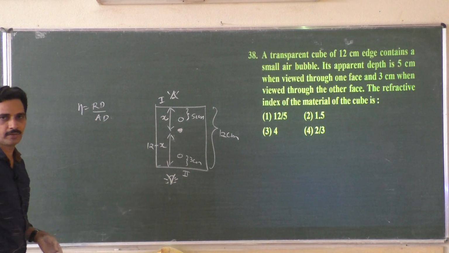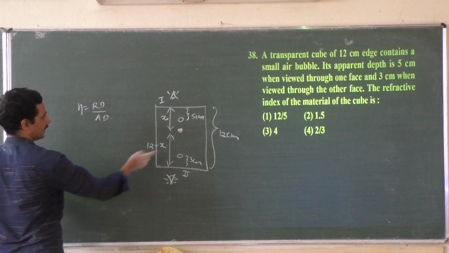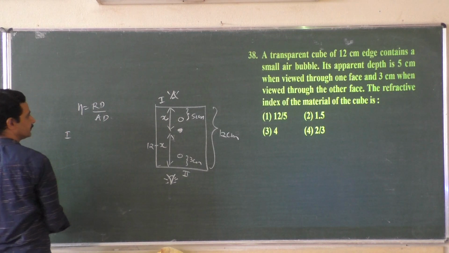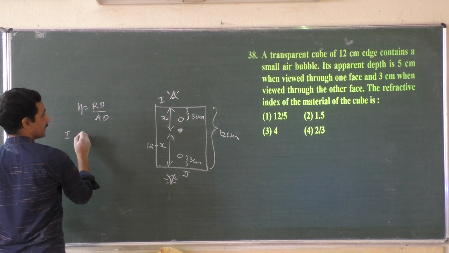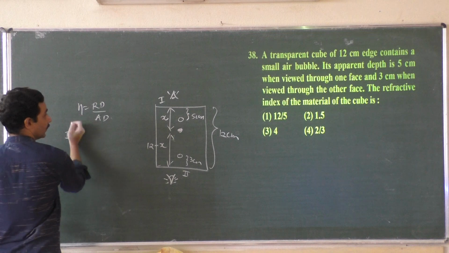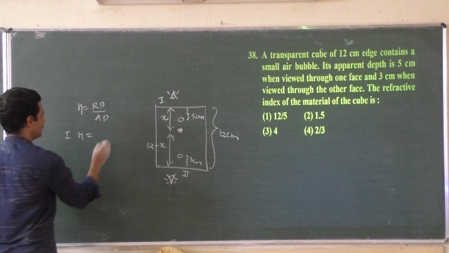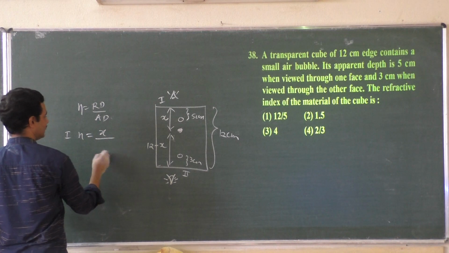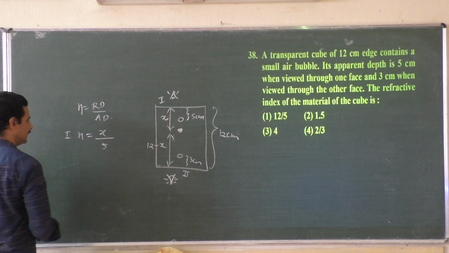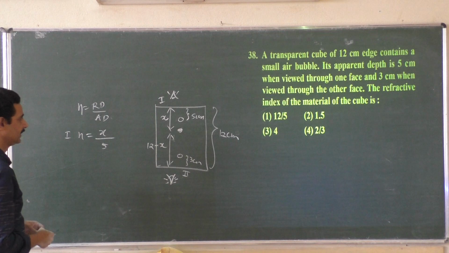You know this famous formula. Refractive index from the first face, N, same N. N is equal to real depth, real depth is x, apparent depth is 5. Let it be everything in centimeters. We don't get anything here, right?